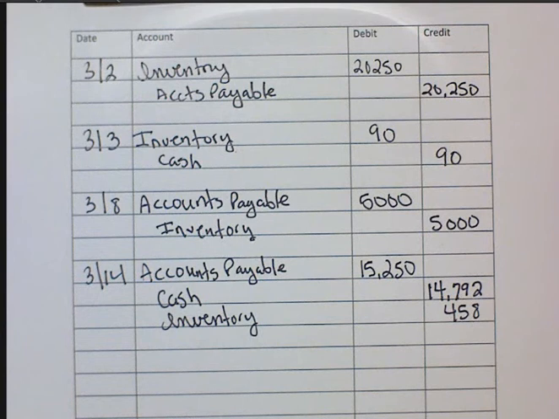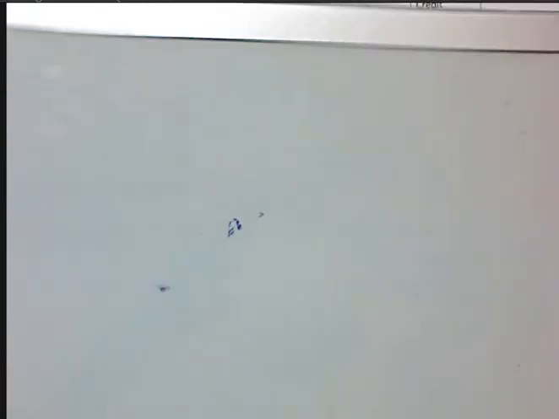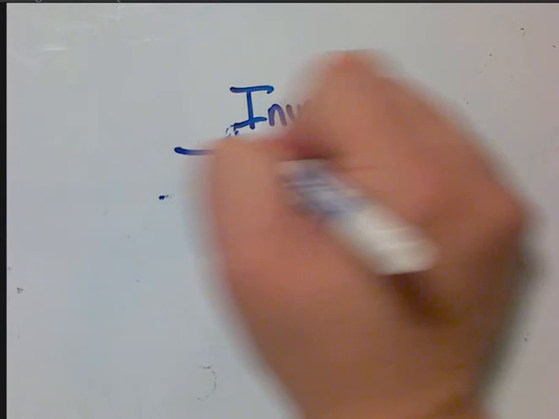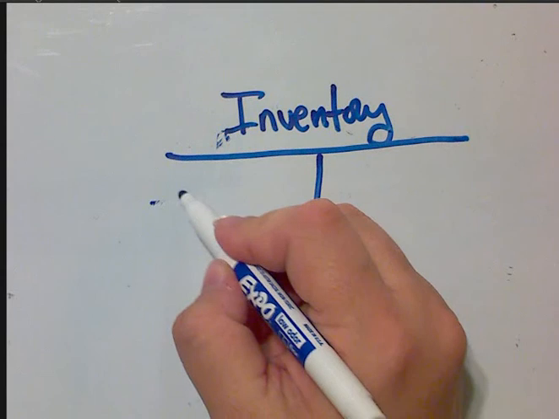Requirement number 2 says how much did the inventory cost. Well, we can analyze it by looking at our inventory account. We first debited $20,250.